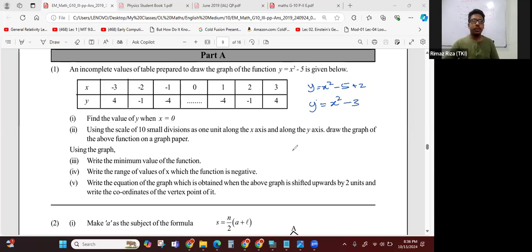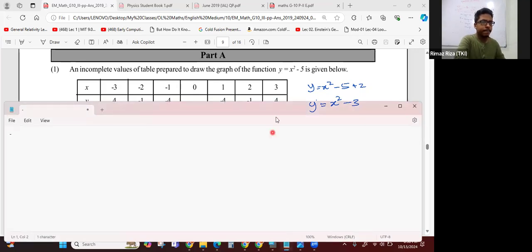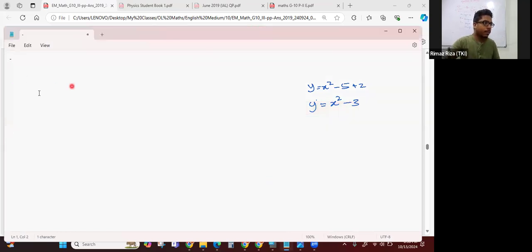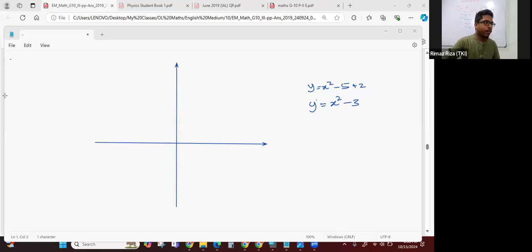When you draw the graph, let me draw here. The minimum value is minus 5.